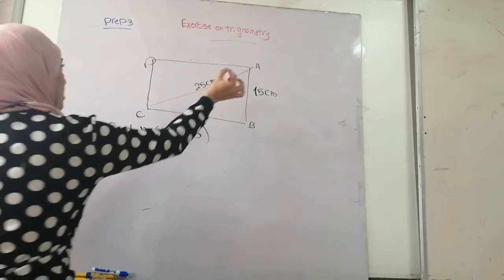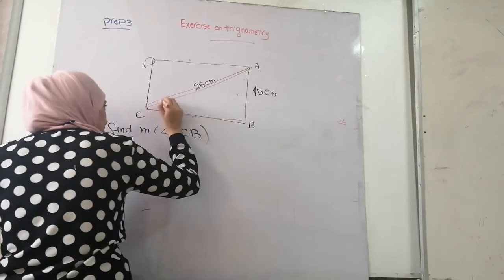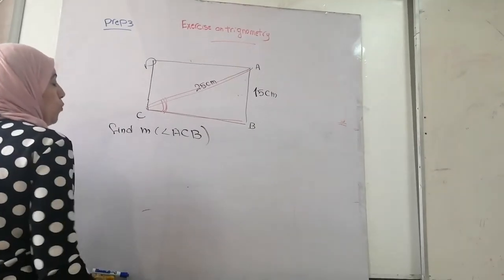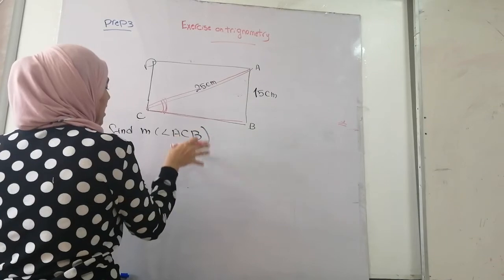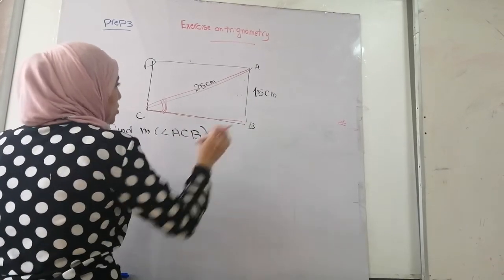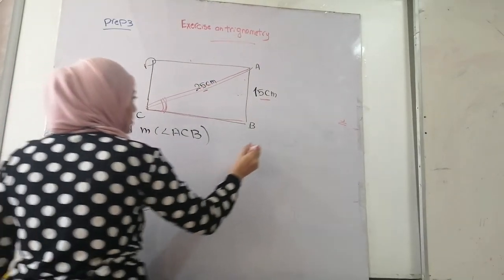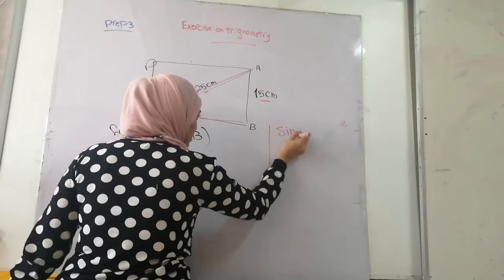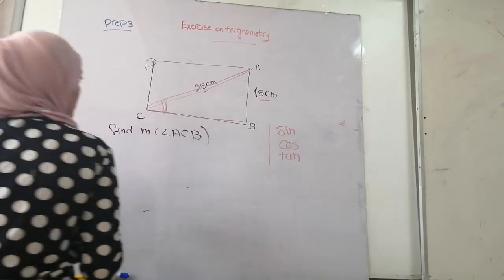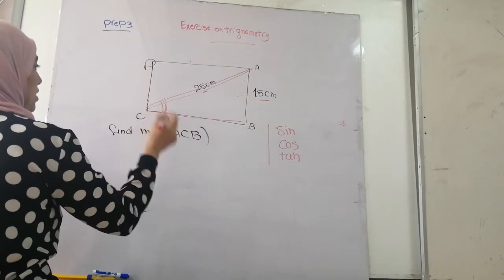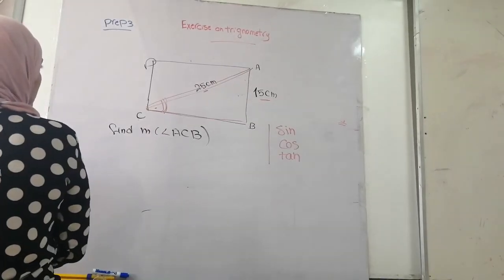Where is ACB? It's this angle. When he wants to find any angle and gives the side lengths, I should use either sine, cosine or tan.